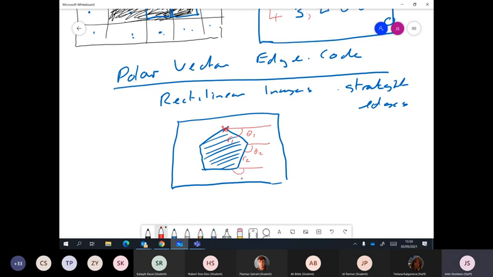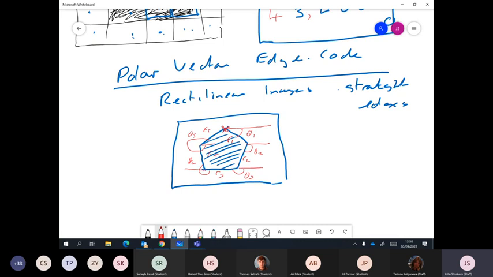From this one will be θ3, and this will be R3. This one will be θ4, and this will be R4, and finally θ5, which will be almost 360 degrees, θ5 and R5.